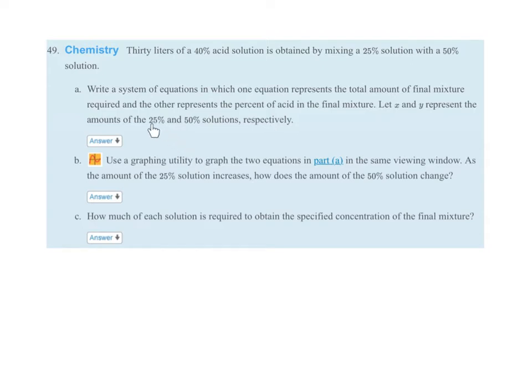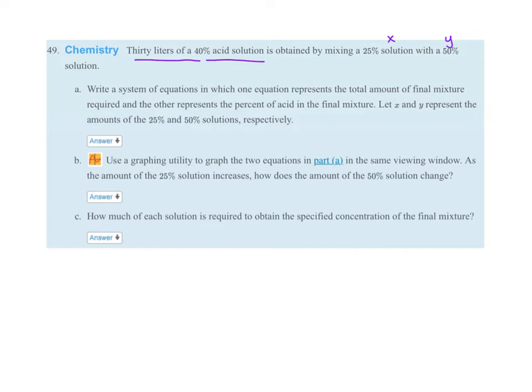So it already gave us our variables x and y. 25% is our x, 50% is our y, and then 30 liters is our total, and that is our 40% acid solution. So let's start our equations first.